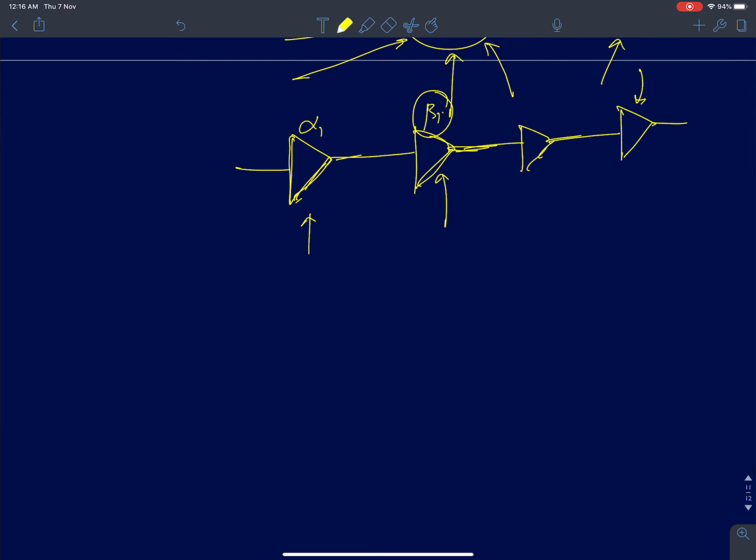So if I cascade n number of stages, I'll let the gains be alpha 1, beta 1, gamma 1, and so on. So I have alpha, beta, gamma, then delta 1 and so on.